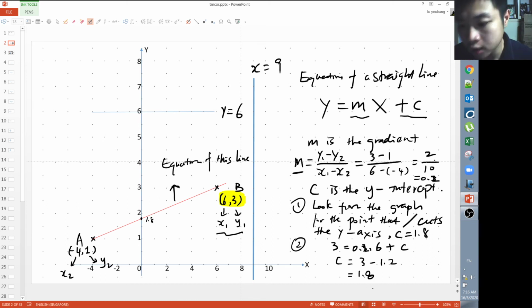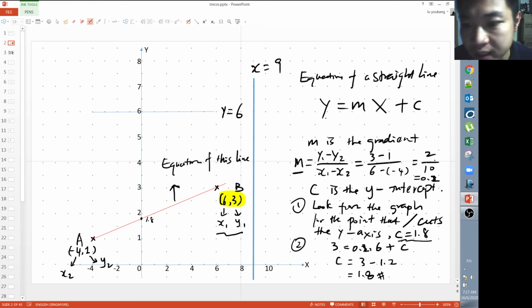So can you see, you can either read from the graph or use calculation. Once you have your m and your c found, your equation of the line is given like this.